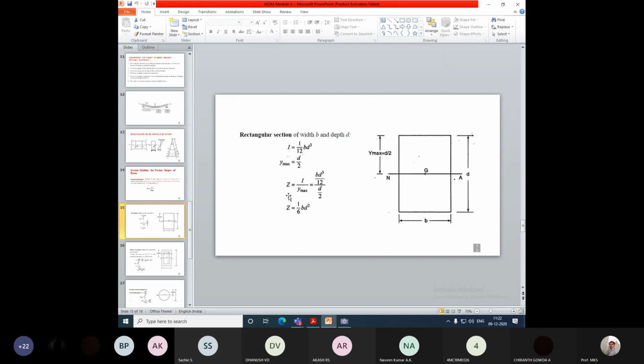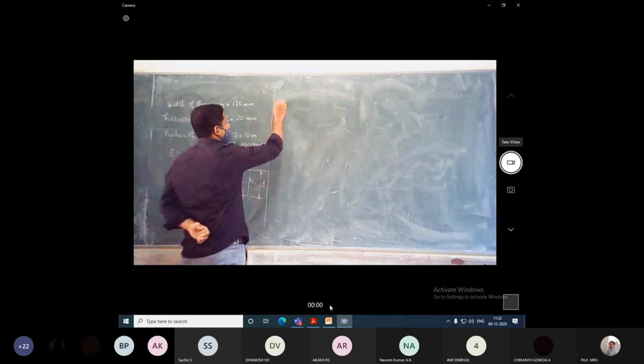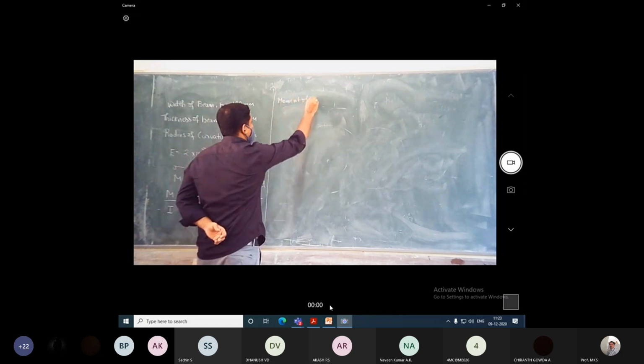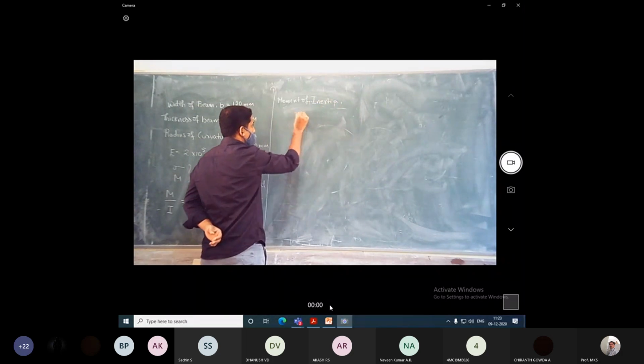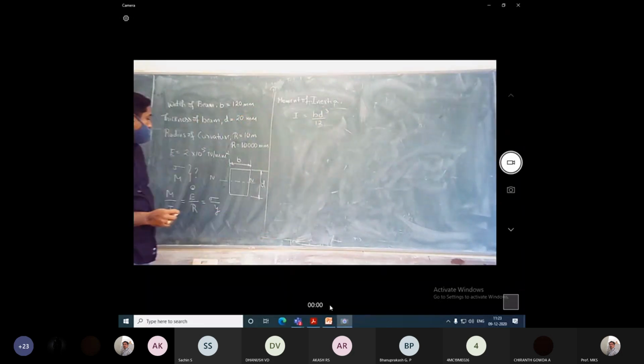You need to know these equations. Moment of inertia, that is I is equal to bd cube by 12. Calculate.